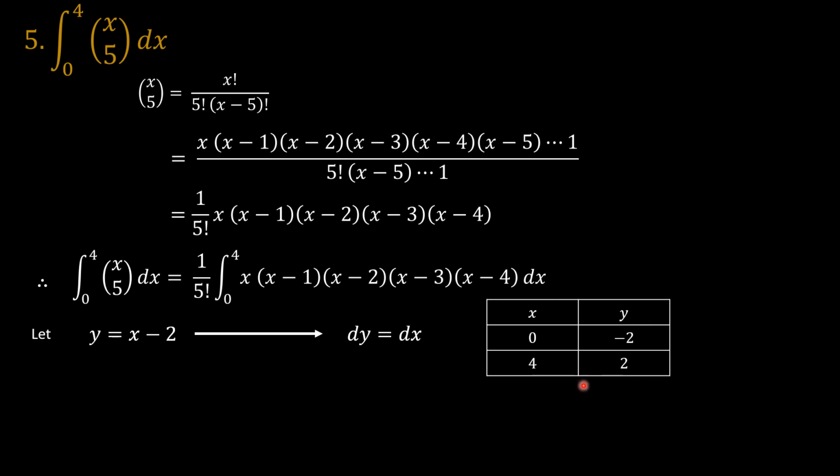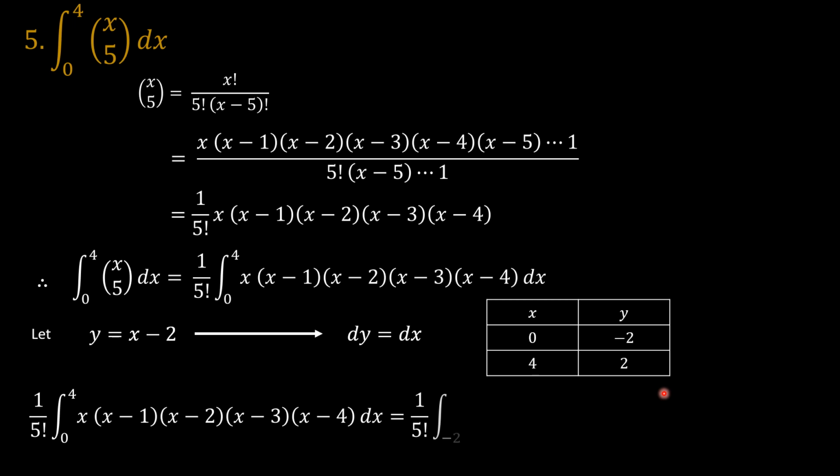When x equals 4, y equals 2. And so substituting the limits and also the new variable, we get the new integral to be 1 over 5 factorial times the integral of (y plus 2)(y plus 1)(y)(y minus 1)(y minus 2), all the way from negative 2 to positive 2.